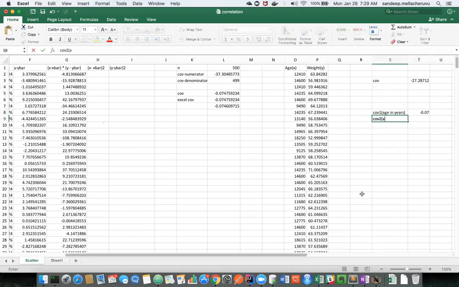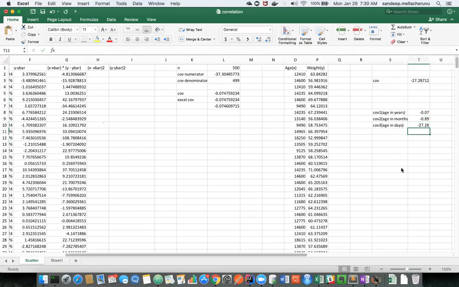Covariance 2 is age in months, which we are getting as minus 0.89 something. And covariance 3 is age in days, the latest one, whatever you see here, which is minus 27.28.